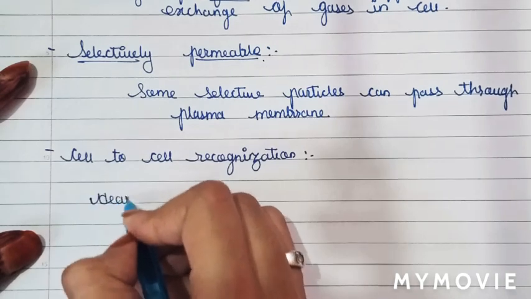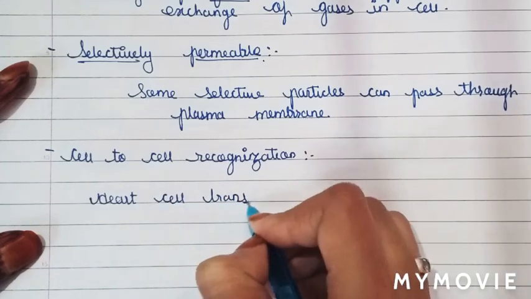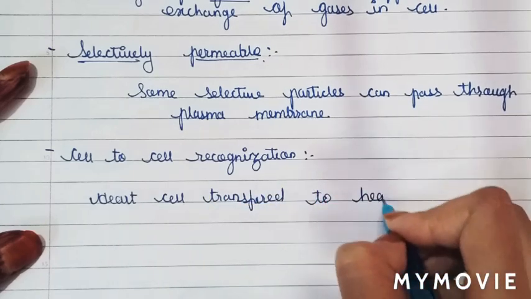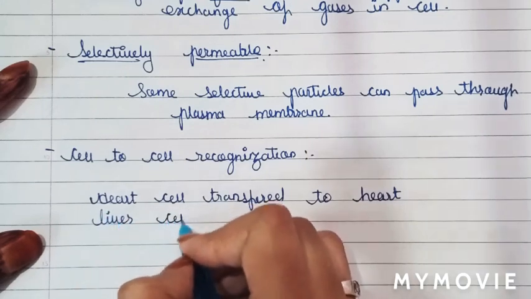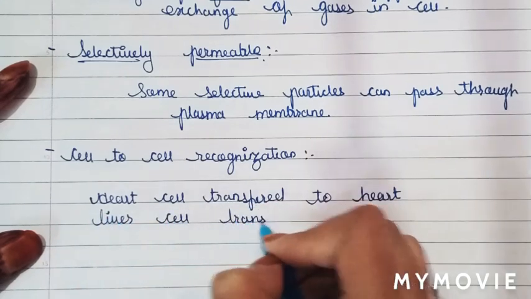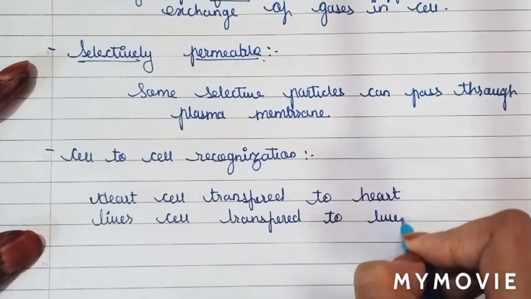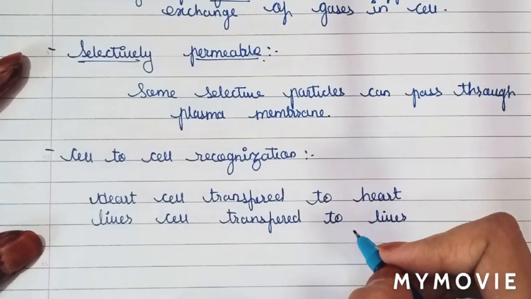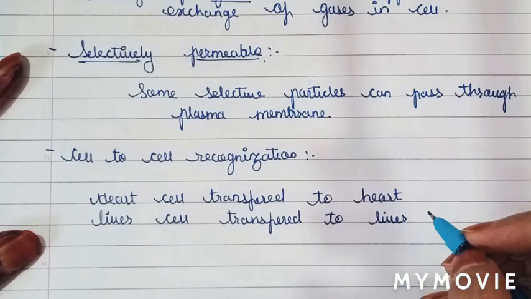Heart cell transfers to heart, and liver cell transfers to liver. We cannot pass a heart cell to a liver cell or a liver cell to a heart cell. Here we can say that glycoproteins and glycolipids are also present in the cell membrane.